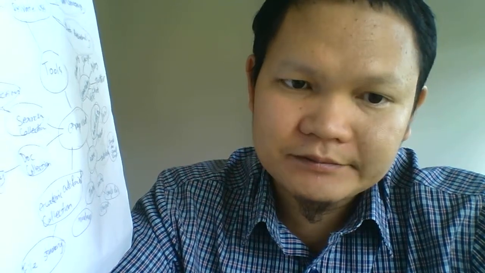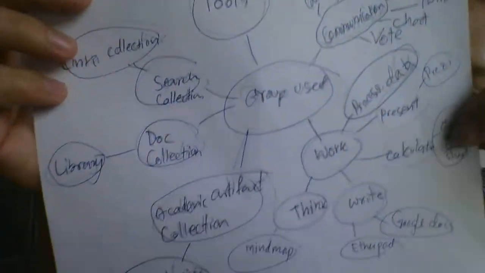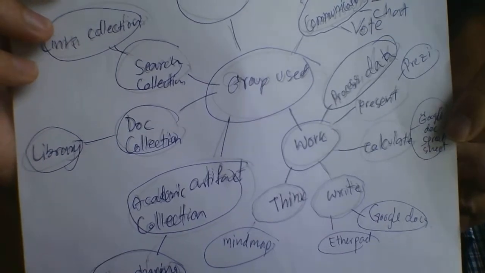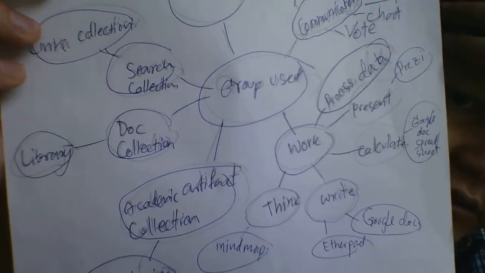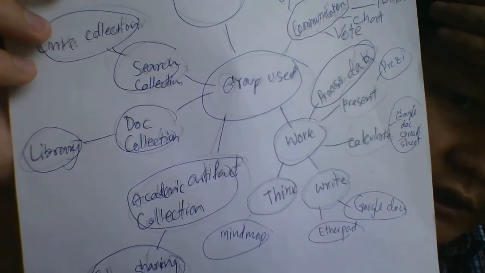You have also an online library, where you can keep your PDFs and ebooks, and you can manage your references, as we learned about EndNote in the library section that day.